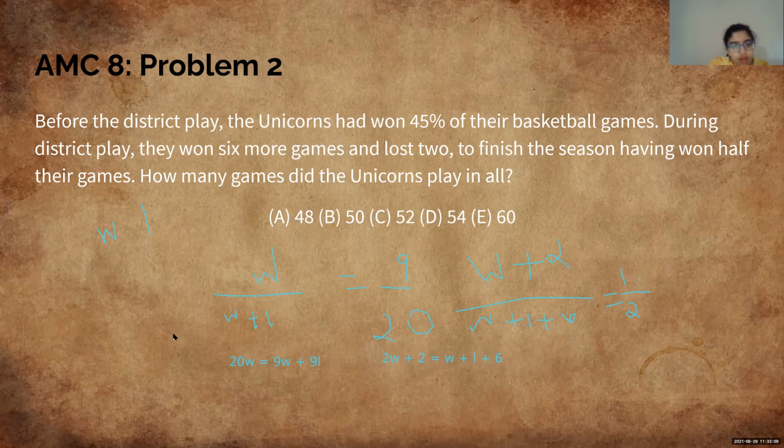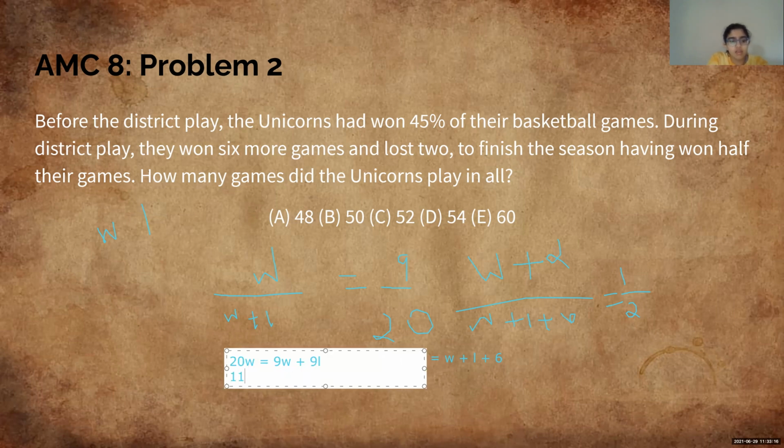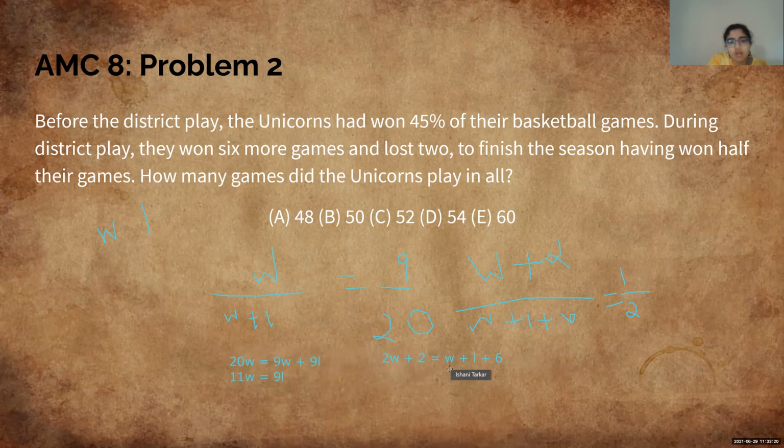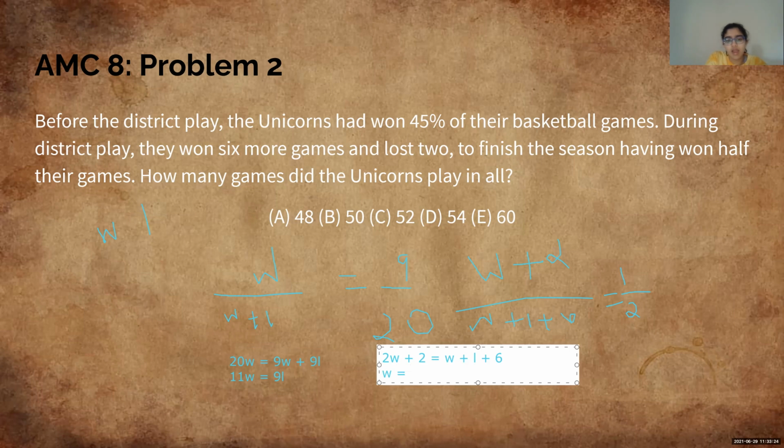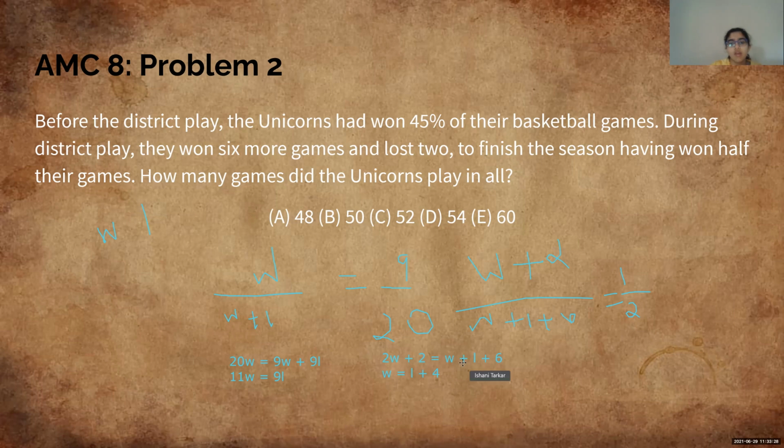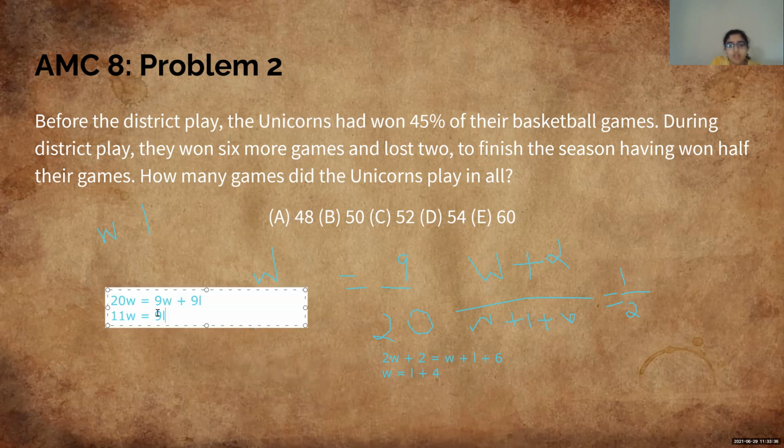So now we can simplify both these equations. For the first one, we get 11w equals 9l. And then for the second equation, we get w is equal to l plus 4, right?